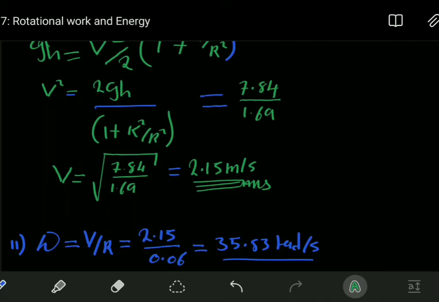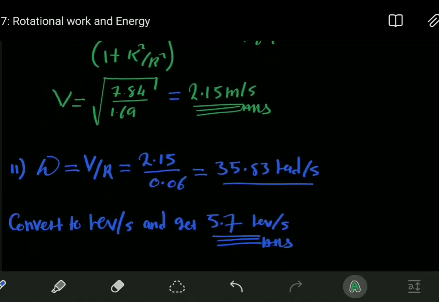Okay, so to find the angular speed, it's even easier now. We know that omega equals v over r. In this case, it was supposed to be omega final equals v final over r, which is just the same thing anyway. So we know our v is 2.15 and our radius is 0.06 meters.